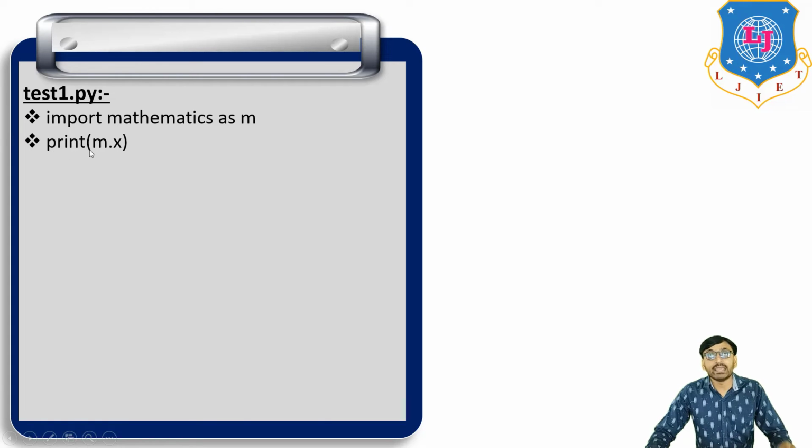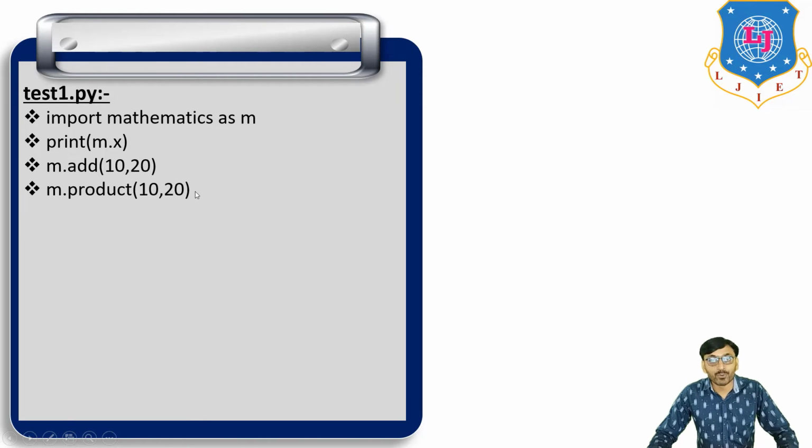Then print m.x. So in place of mathematics, we use m. So m.x means variable x of the mathematics module. Then m.add(10, 20), we use the add function of the mathematics module. Then m.product(10, 20), we use the product function of the mathematics module.